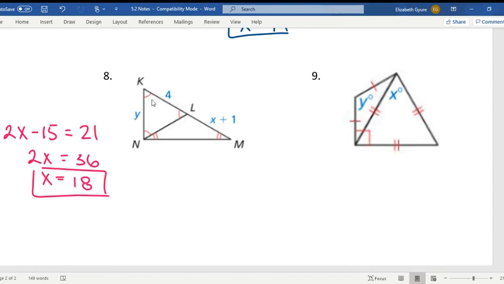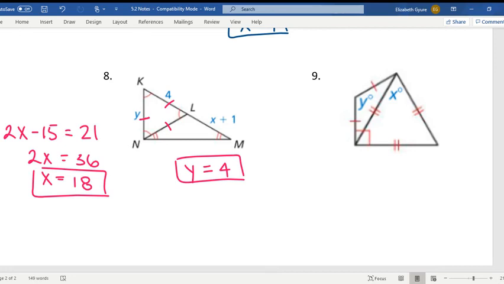In this top equilateral equiangular triangle, aren't all the sides going to have to be congruent? Yeah, okay, so I know all my sides are going to have to be congruent. So what's y going to have to equal? 4. That's probably where I would start. That's pretty easy to figure out. So y equals 4. All these sides are going to have to equal 4.